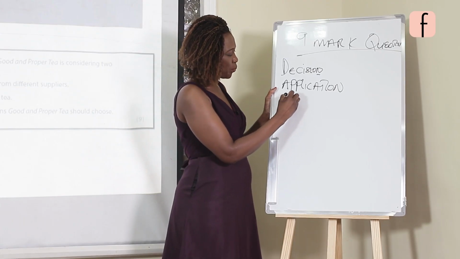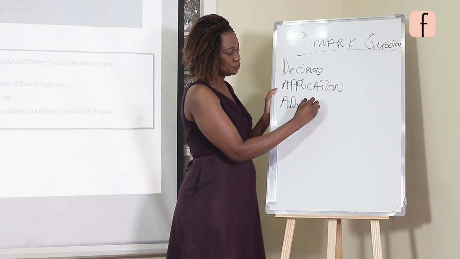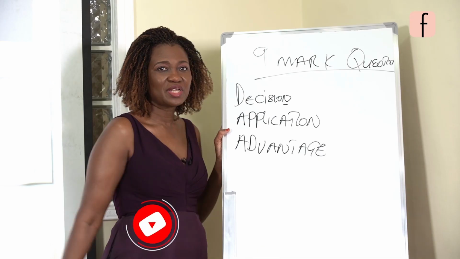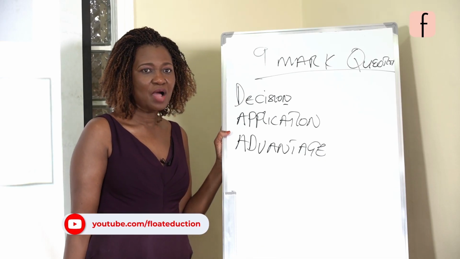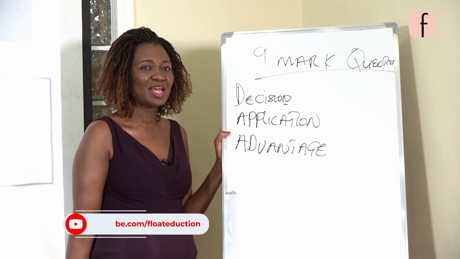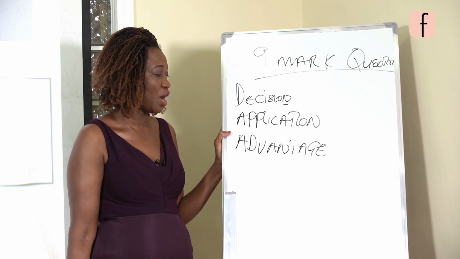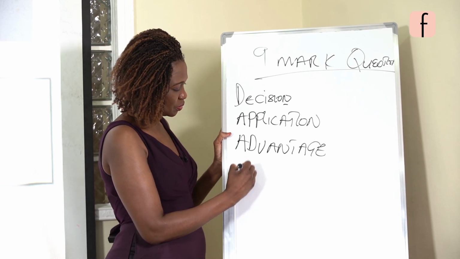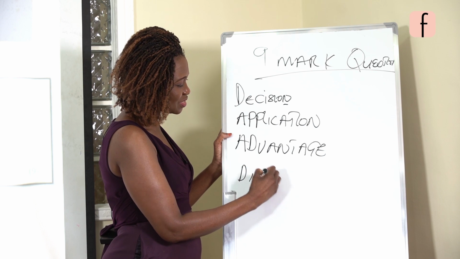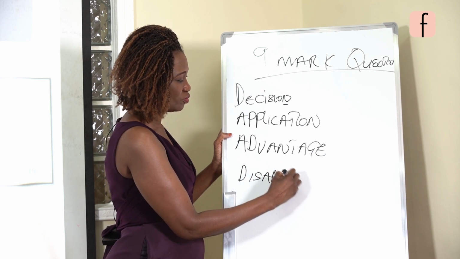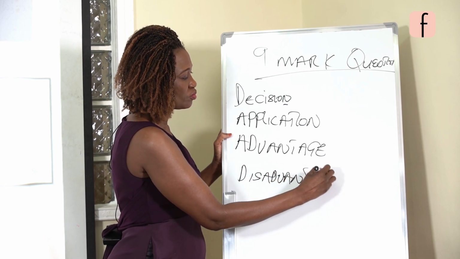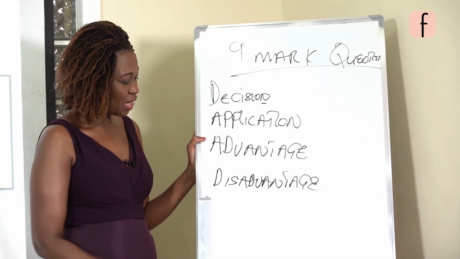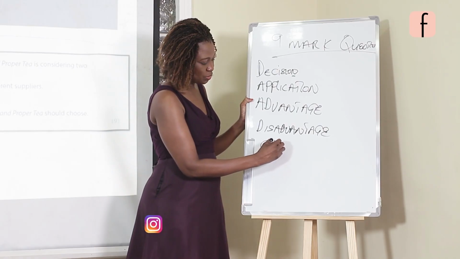Then you talk about one point that is an advantage in support of the decision you've made. Have one point that is showing an advantage of the decision that you have made. Then get another point that is showing against that decision. Then at the end, I want you to do a conclusion.